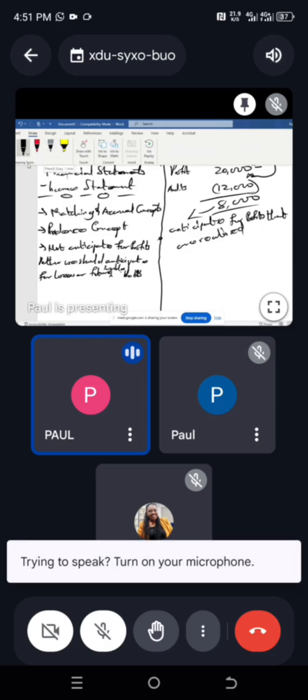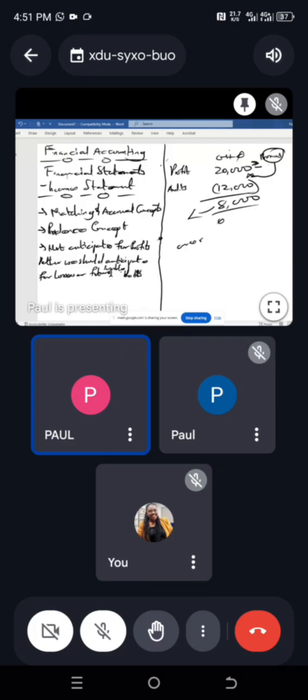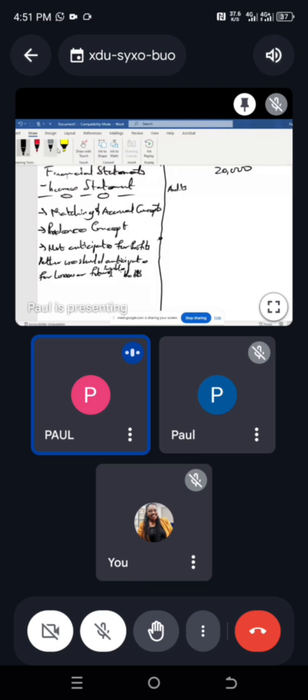So if you sell goods worth 20,000 to one of your debtors, you should anticipate that he might default on payment.